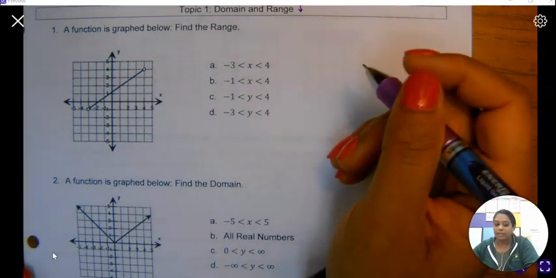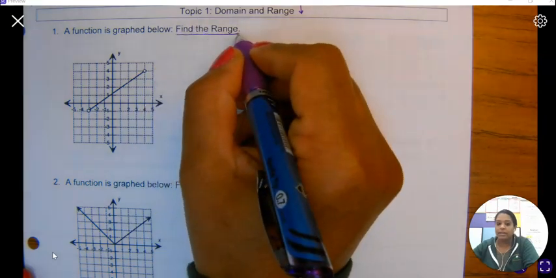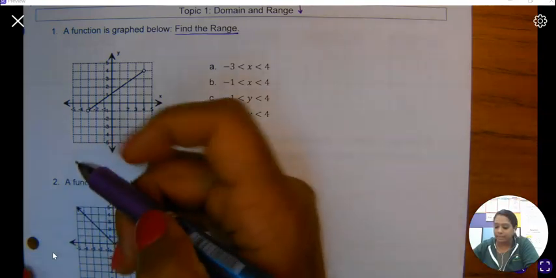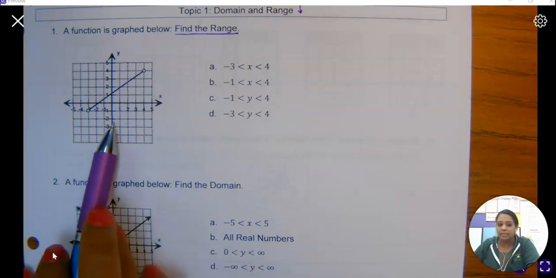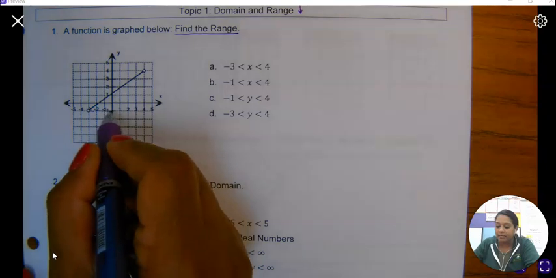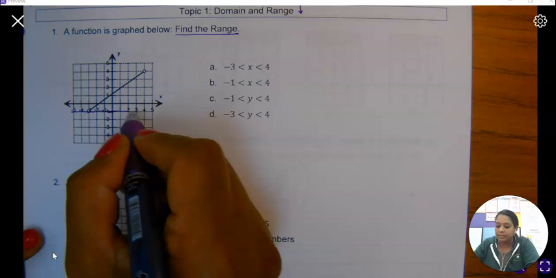All right, the first one, it says find the range. So when I'm asked to find the range, you always start from the bottom. So I'm going on the bottom. There's nothing here, nothing here. It looks like my graph on the y-axis is starting at -1. So starting from -1.